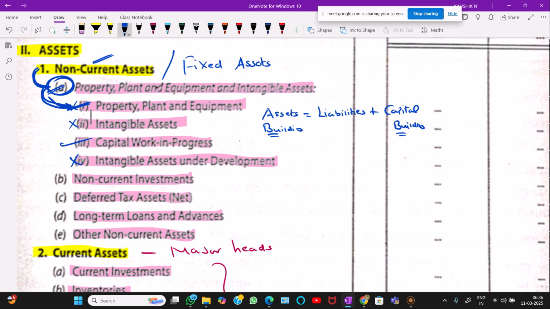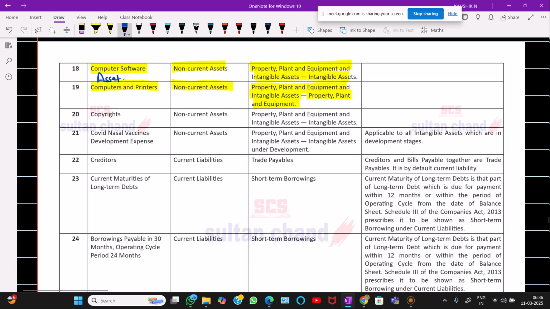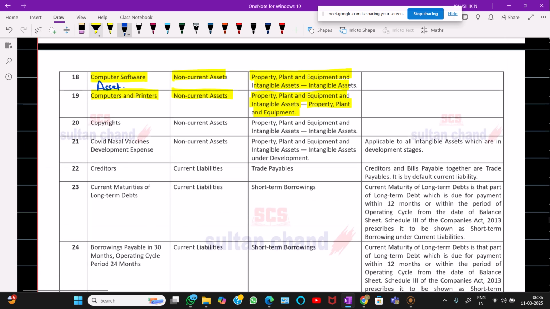It comes as a major head of non-current asset. Under that major head, in the subhead category, one heading is property, plant and equipment, the other intangible asset. It comes under property, plant and equipment. That is what they're trying to say from this statement. Is it clear to you, or do you have any doubt up to this?